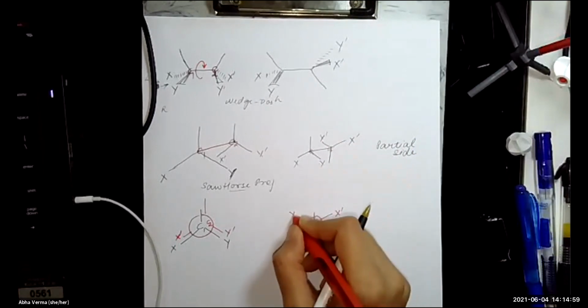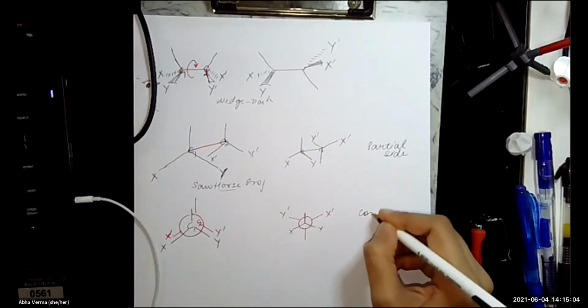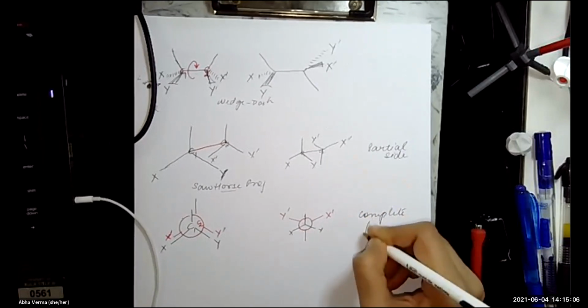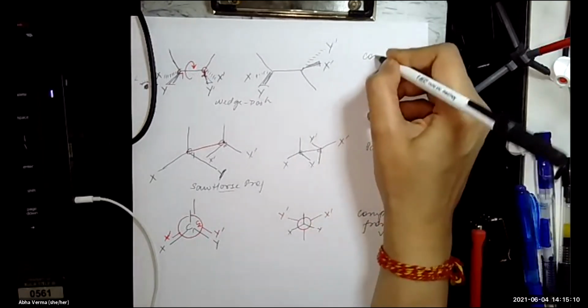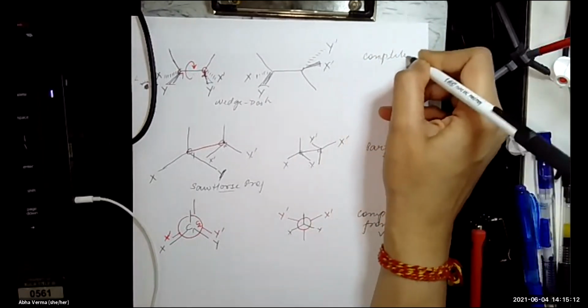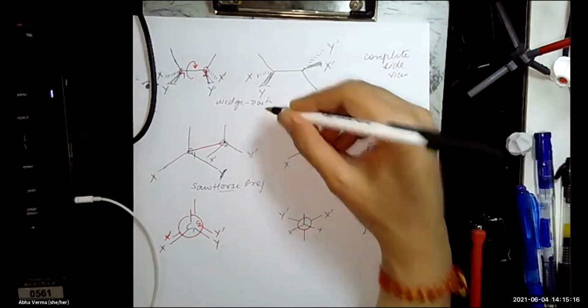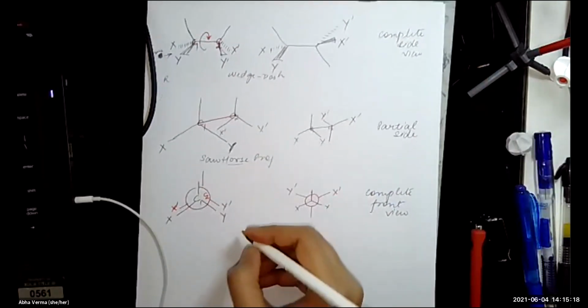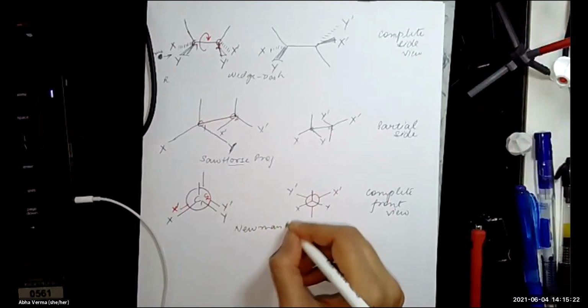Y prime is right there. So this is my complete front view. This is my complete side view. This is known as the wedge dash structure. This is known as the sawhorse projection, and this is known as the Newman projection.